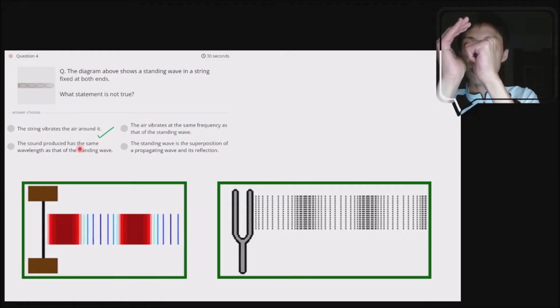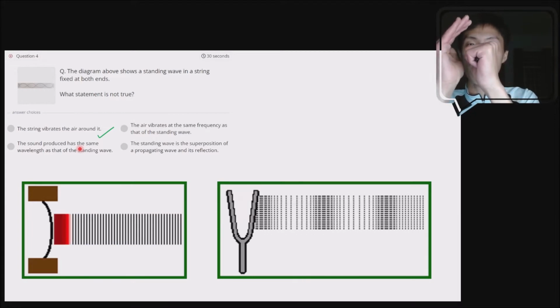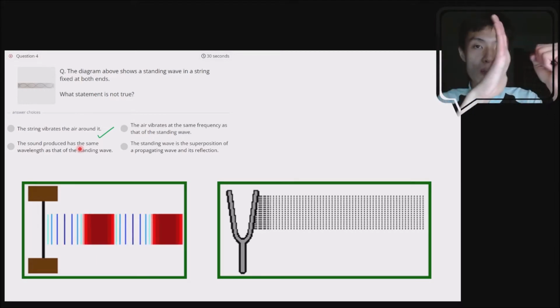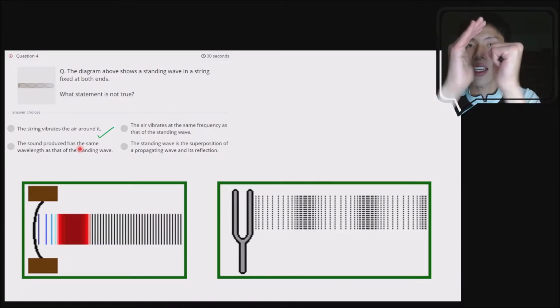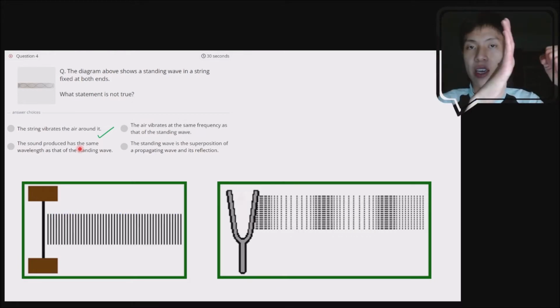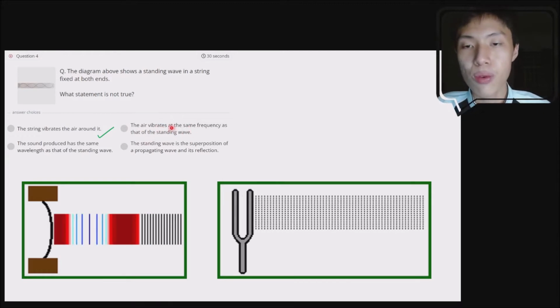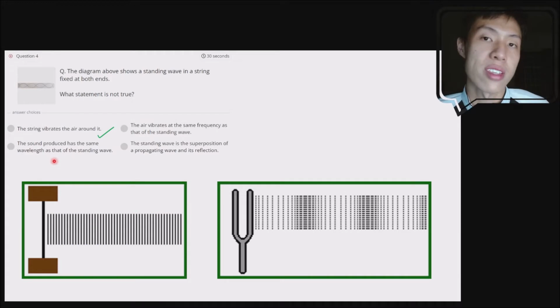So if the string oscillates once, then the particle will also oscillate once. What you know is that the frequency must follow. The frequency of the particle oscillating should follow the standing wave. So the air that vibrates should have the same frequency as the standing wave. But it doesn't necessarily mean that it should have the same wavelength.